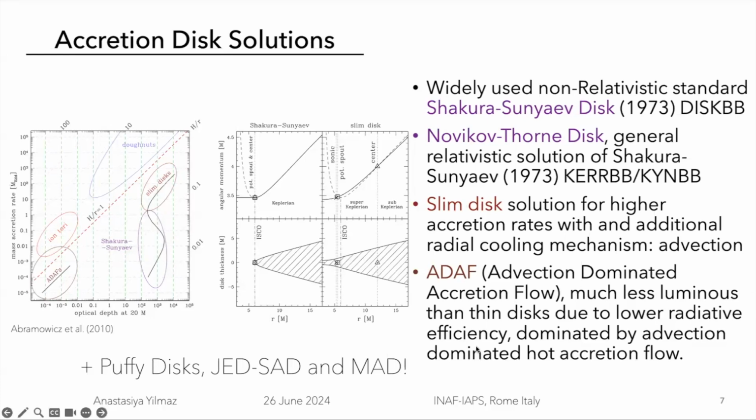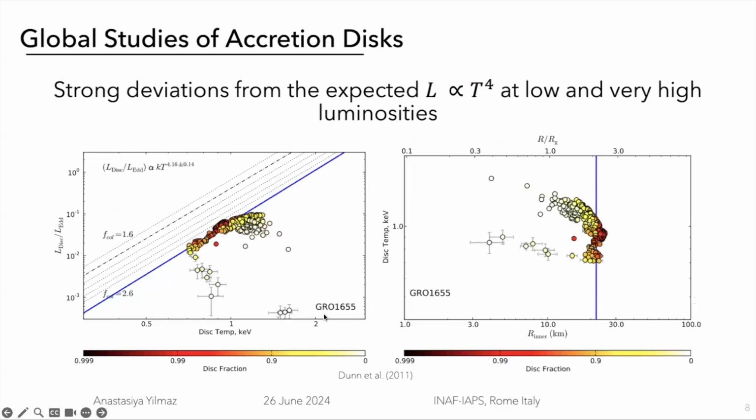There's also another model called JetSAD, which gives you an accretion disk solution where the innermost part of the accretion disk is a jet-emitting disk where you see the radio emission, and then the outside is assumed to be a Shakura-Sunyaev disk. And I will talk about the MAD in a bit. So the global studies of these accretion disks in many of these black hole X-ray binaries actually showed some very nice deviations.